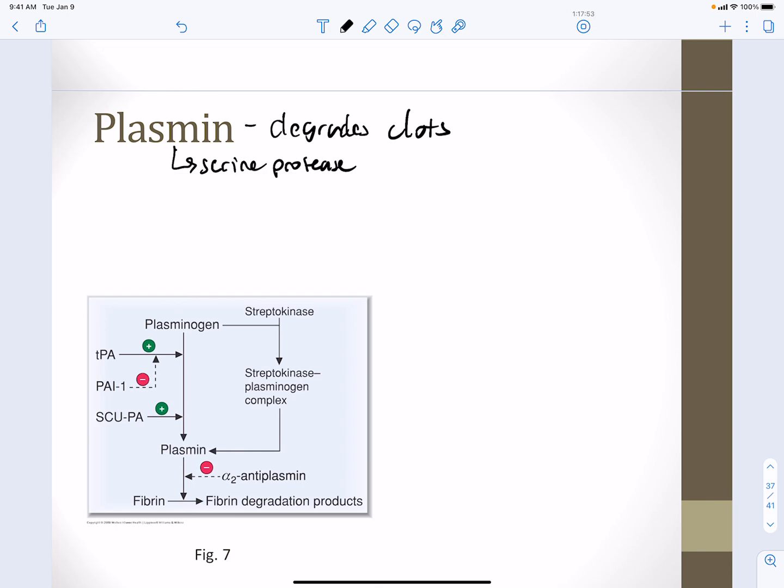So active protein C also activates the inhibitor of tissue plasminogen activators. And so tissue plasminogen activators can treat myocardial infarctions.